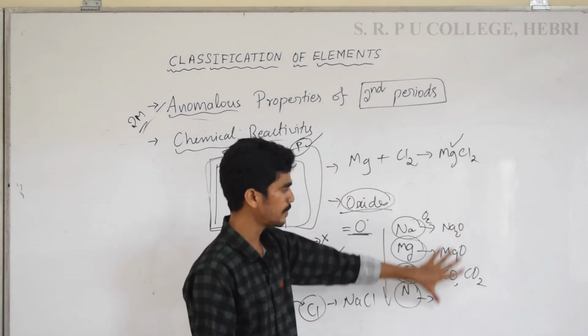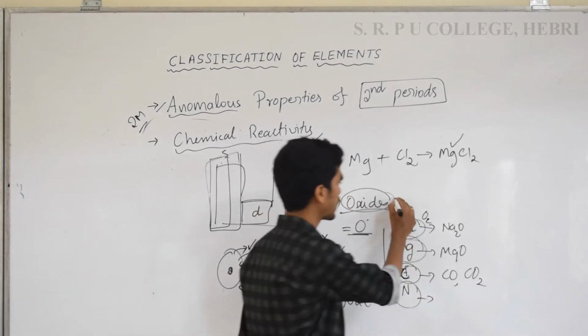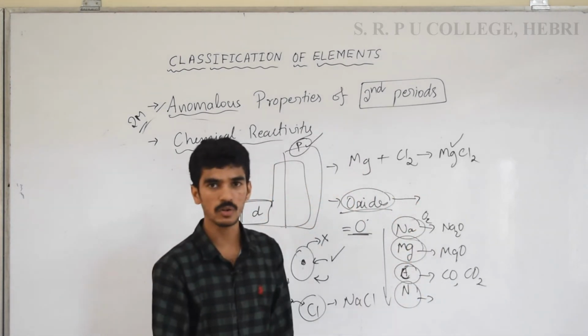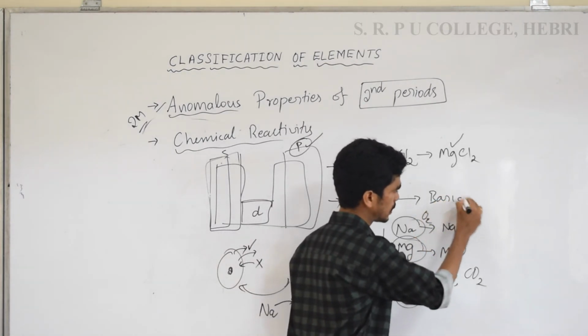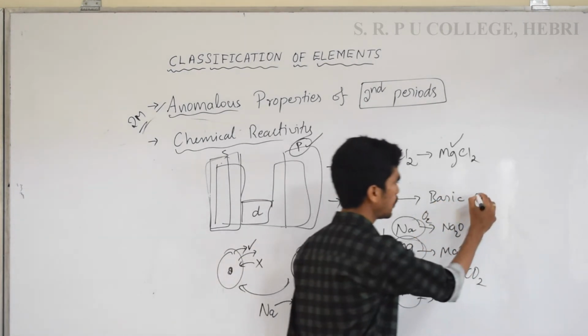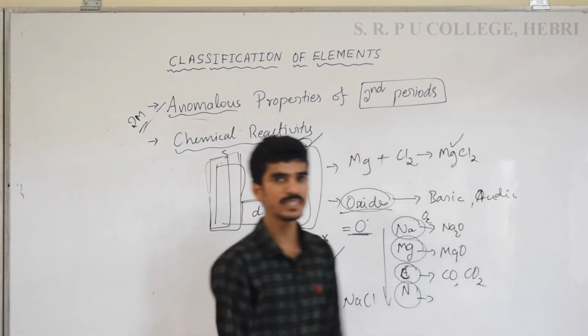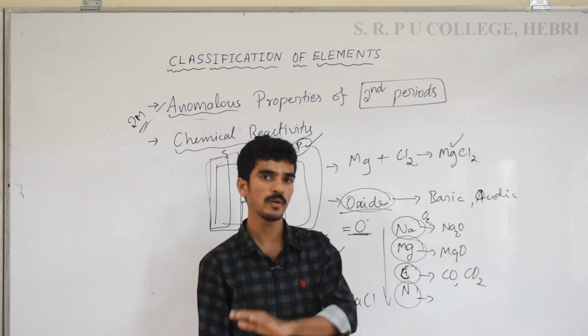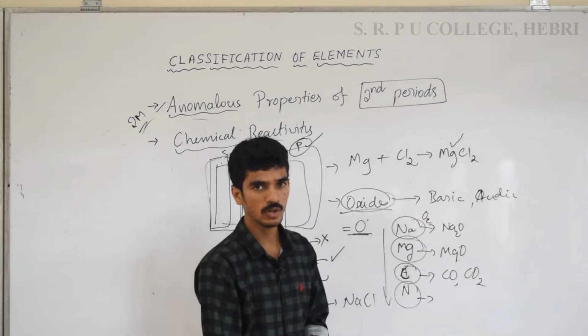Just imagine this, these are all oxides, but we can categorize oxides into majorly two types. One is basic oxides, and one more is acidic oxides. Which element combines with oxygen to form a basic oxide, and which element combines with oxygen to give an acidic oxide?